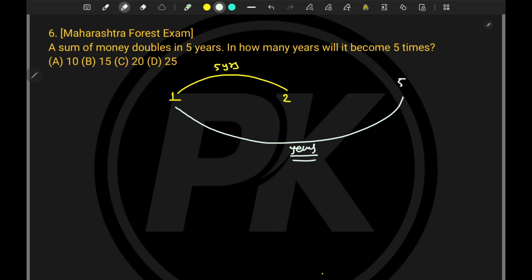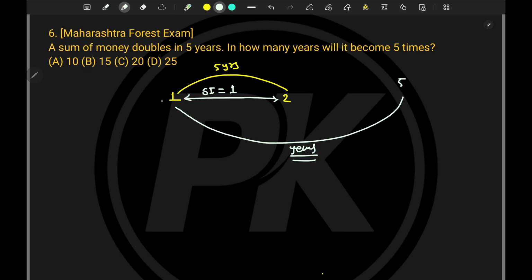Again, we are not going to use any kind of formula. So now 1 is becoming 2. Now here, what is the simple interest? The difference between these two. So 2 minus 1, this is 1, right? So I am getting simple interest of 1 for 5 years.